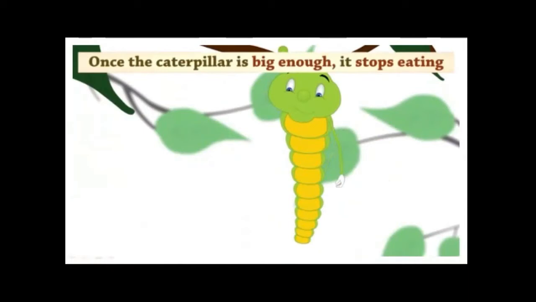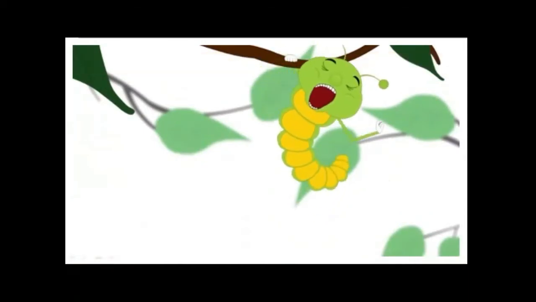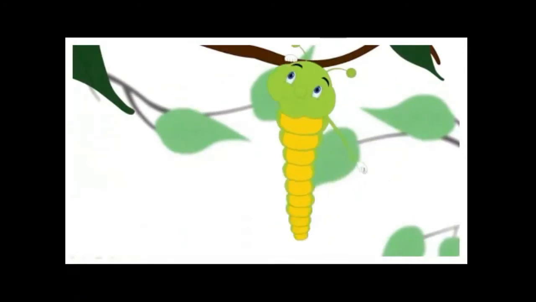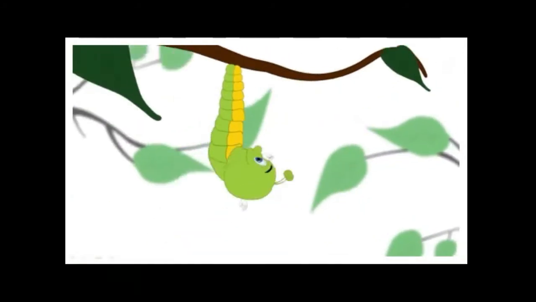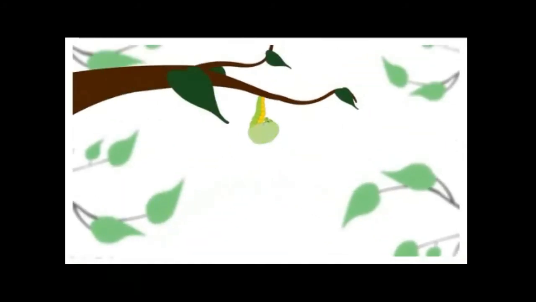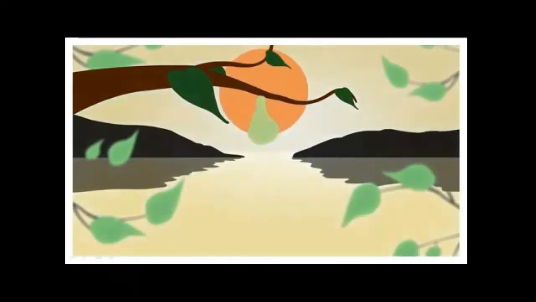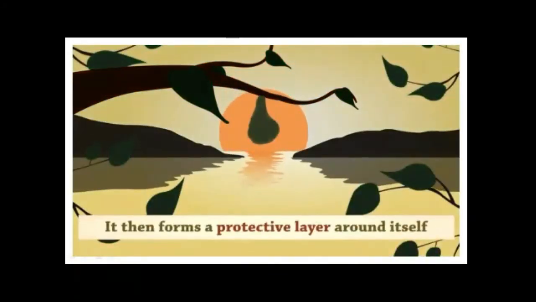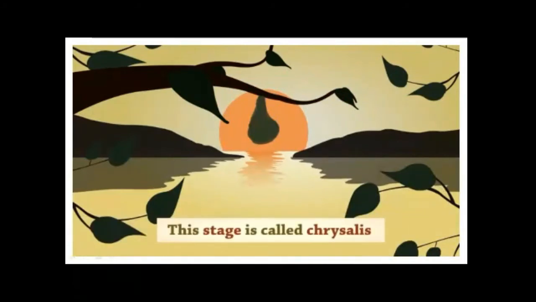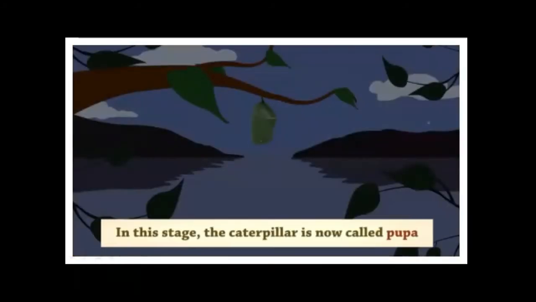The caterpillar sheds its skin several times so that it can grow. Once the caterpillar is big enough, it stops eating. It then forms a protective layer around itself. This stage is called chrysalis. In this stage, the caterpillar is now called pupa.